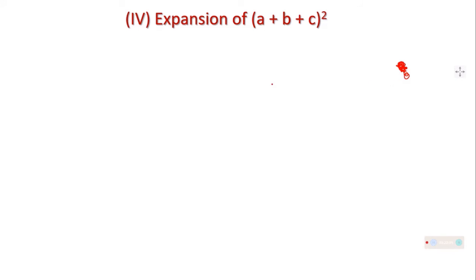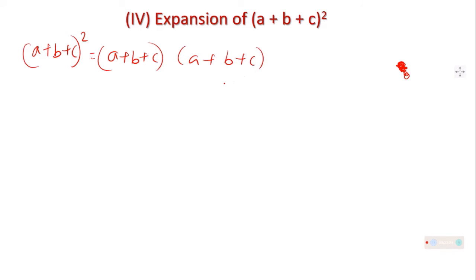Next expansion is (a plus b plus c) whole square. How to do this? It is having a meaning, (a plus b plus c) whole square. Then it comes into our mind that (a plus b plus c) into (a plus b plus c). इतना तो हमको easily समझता है.